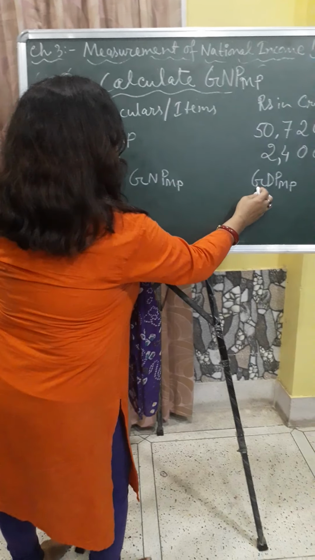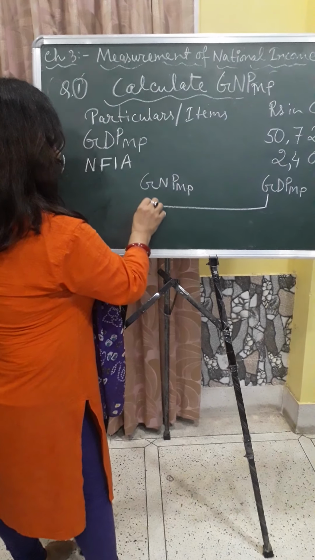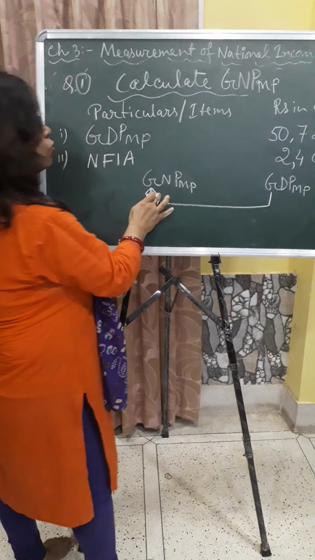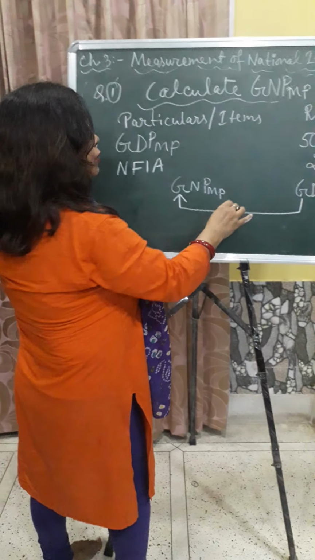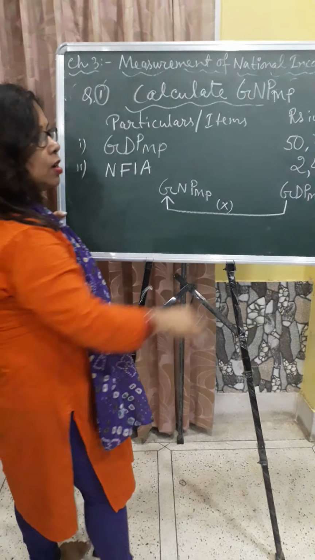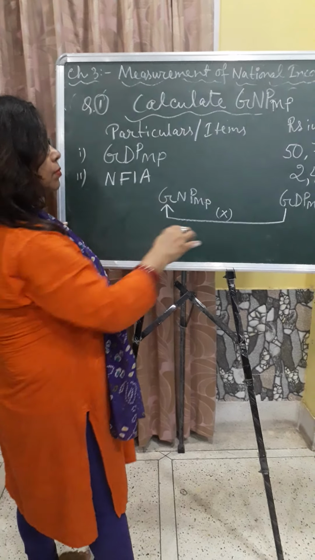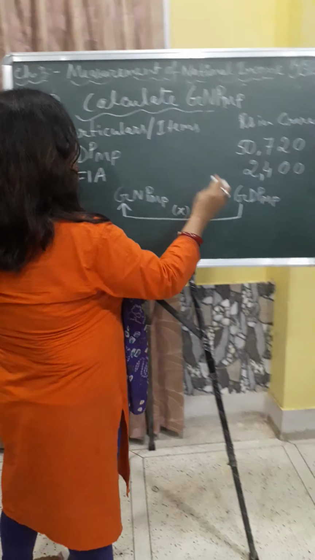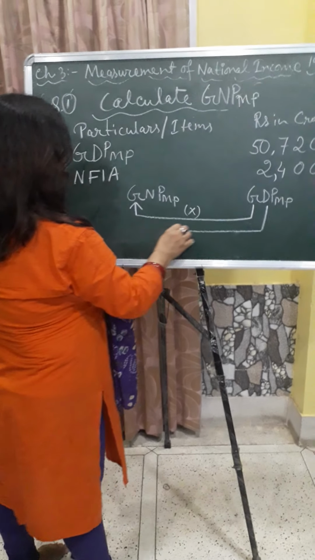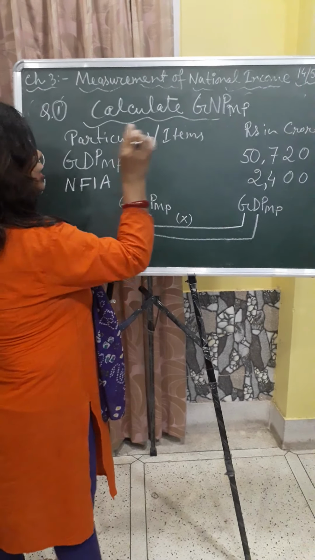Now the next step, this is a very easy step. Gross to gross, same, so you write a cross here. There is gross, here also gross, same, so cross. Next, domestic to national.